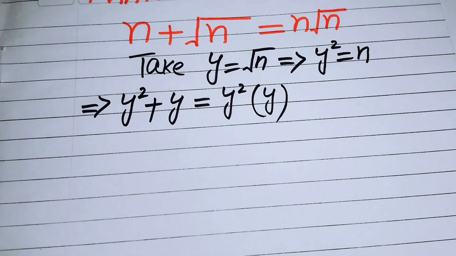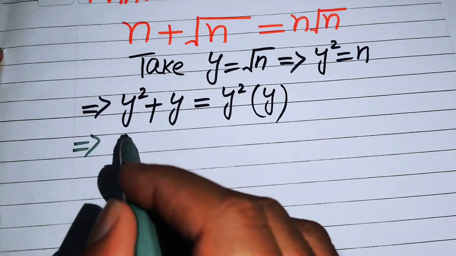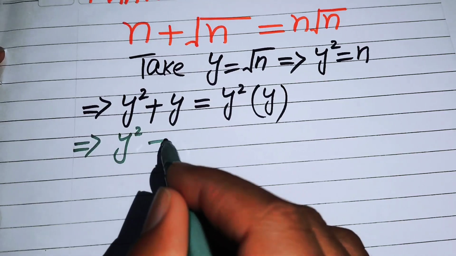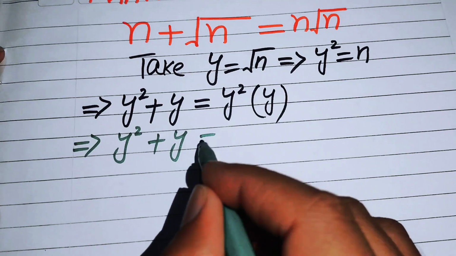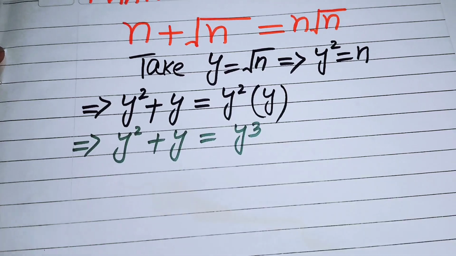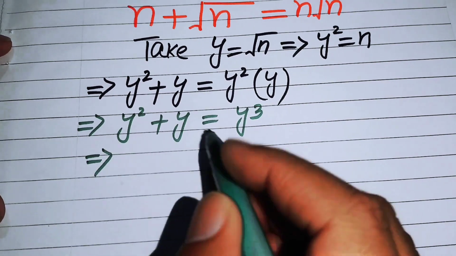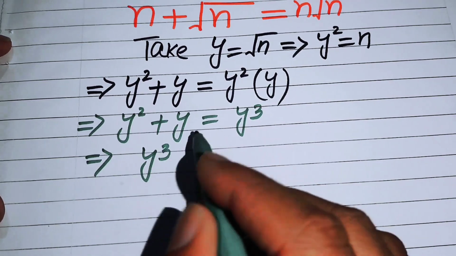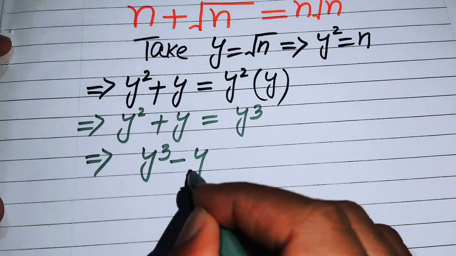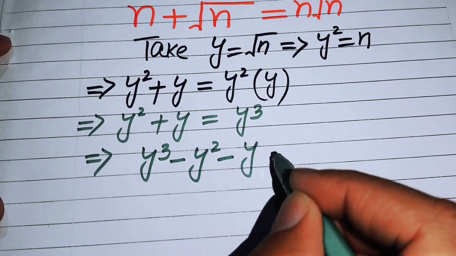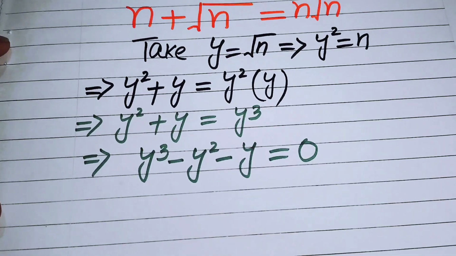Now we simplify the terms and obtain y squared plus y equals y cubed. Now we rearrange the terms and move all the terms from the right hand side to the left hand side, and we obtain y cubed minus y squared minus y equals 0.